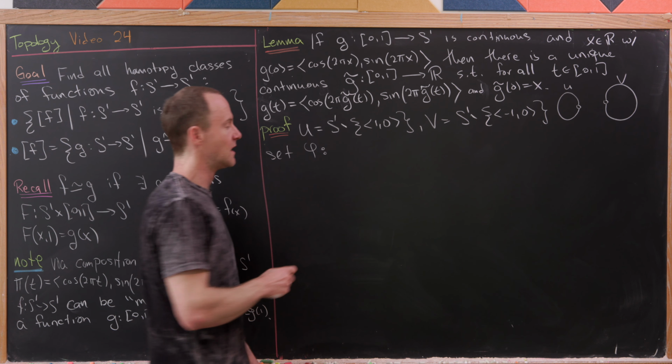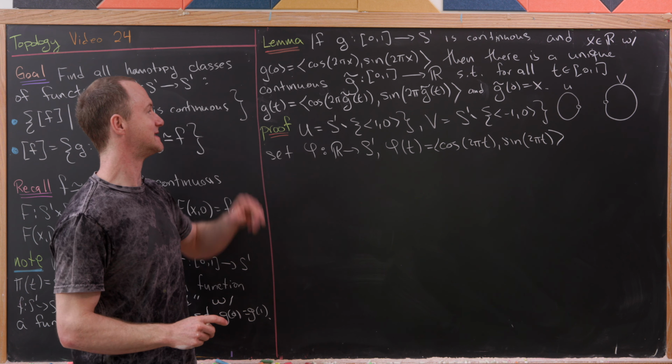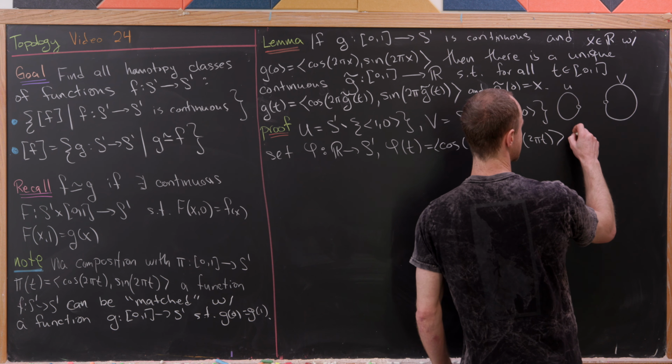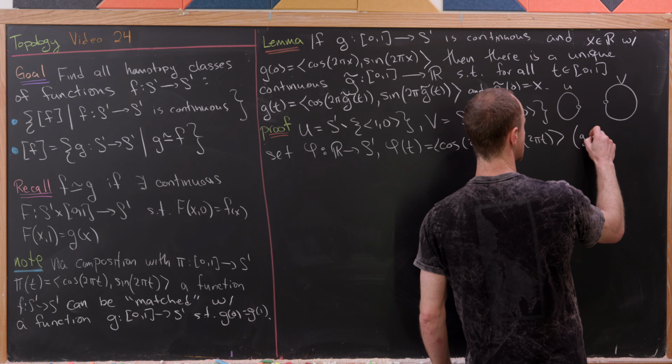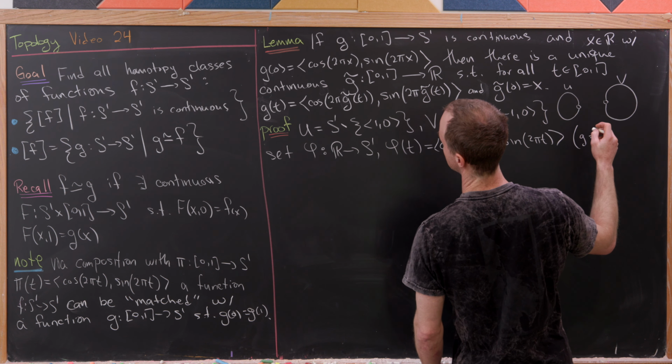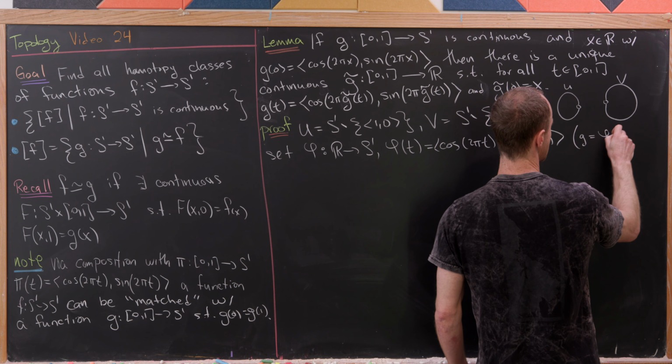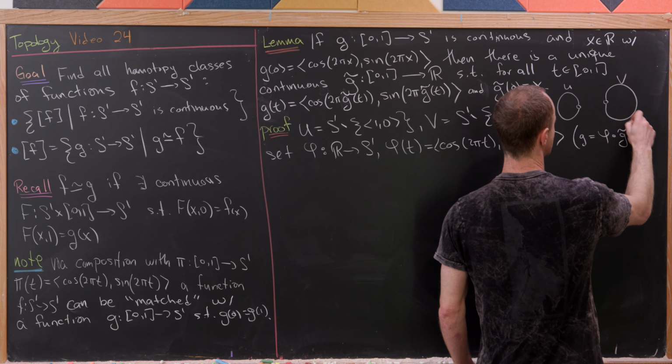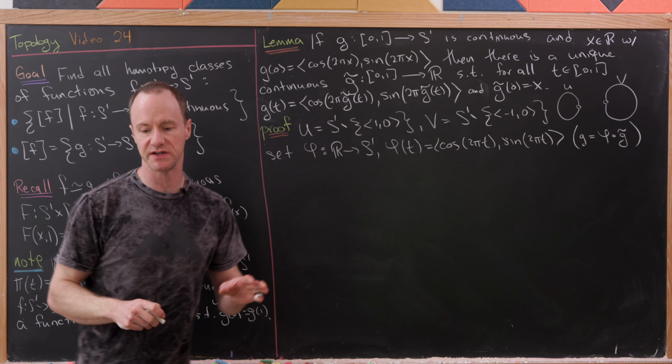So this is the function that wraps the real line around the circle infinitely many times. It can be thought of as some sort of extension of this pi over here, kind of obviously. And now observe that this rule right here is now equivalent to saying that g is equal to phi composed with g tilde. So that's good to notice.